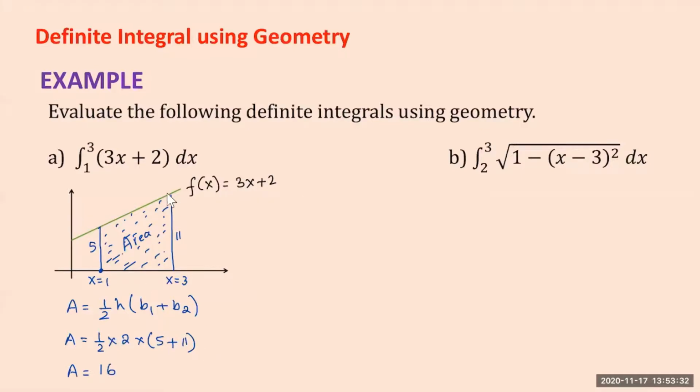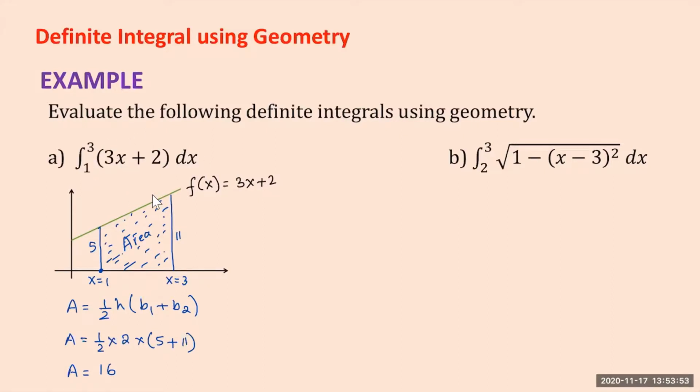So the value of this definite integral, from 1 through 3 of 3x plus 2, is equal to 16. It is easy to evaluate because this region here is a trapezoid, and we know the formula to find the area of a trapezoid. So here we use the geometrical formula to find the exact value of the definite integral.